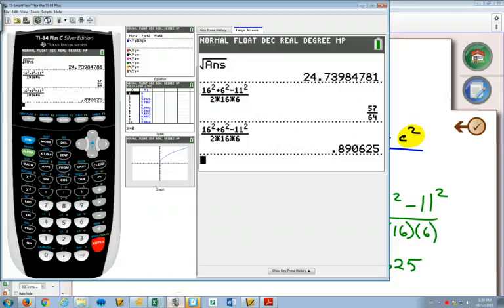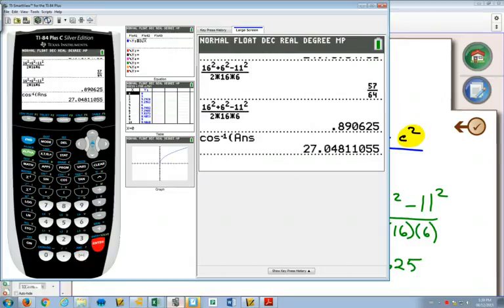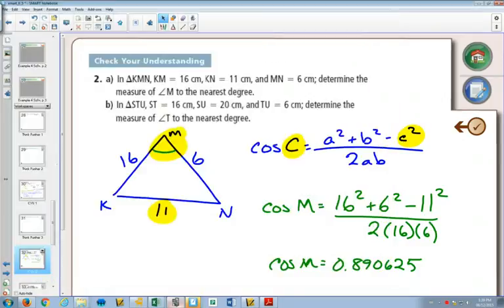We do cos inverse. So cos inverse of that answer, 27.0 degrees, says to the nearest degree. So 27 degrees. So we have our angle to the nearest degree.